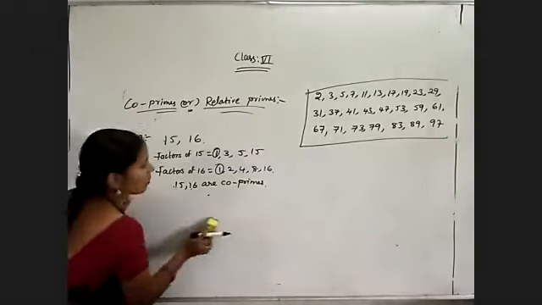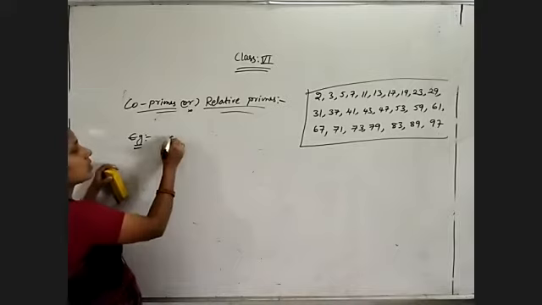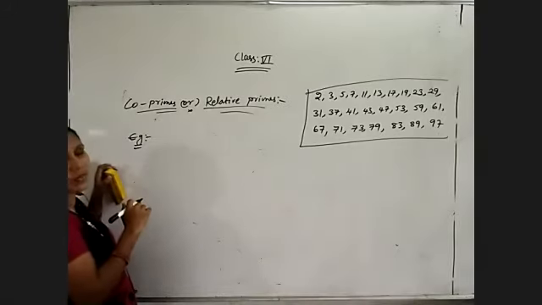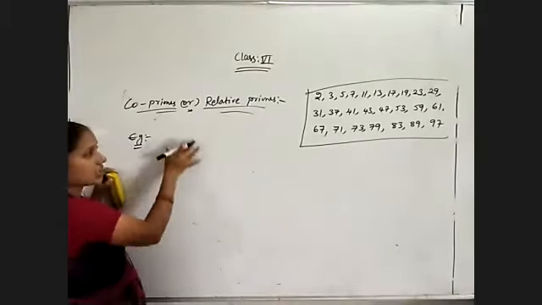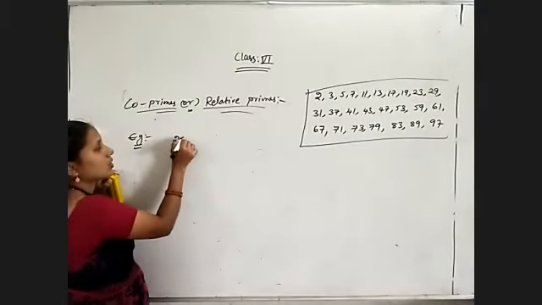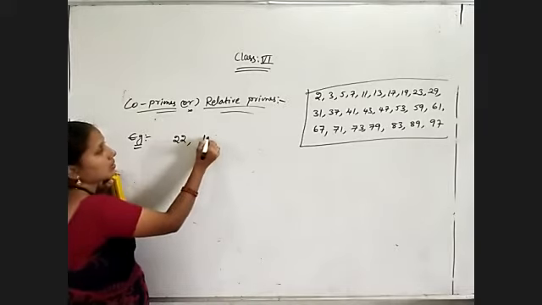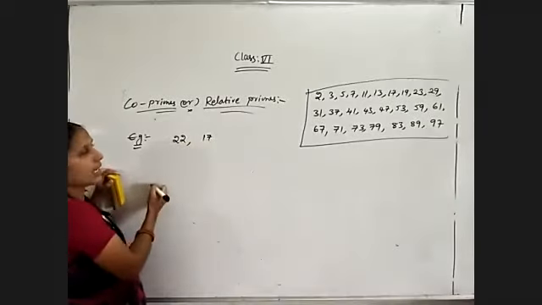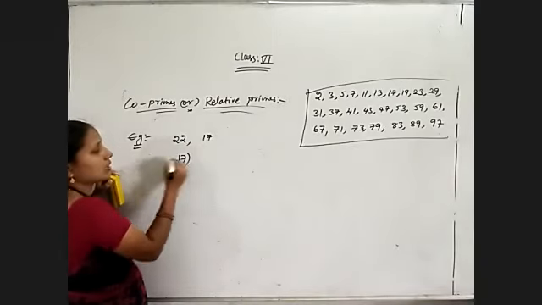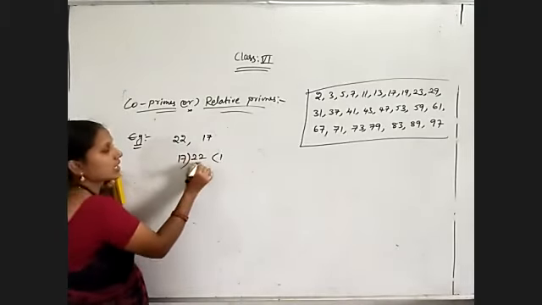So one more example I'll explain for HCF. In the next exercise we have those concepts only, afterwards we will see. But for this exercise I am using this. Now suppose I have 22 and 17. So divide the greater number with the smaller number. 17 ones are 17.